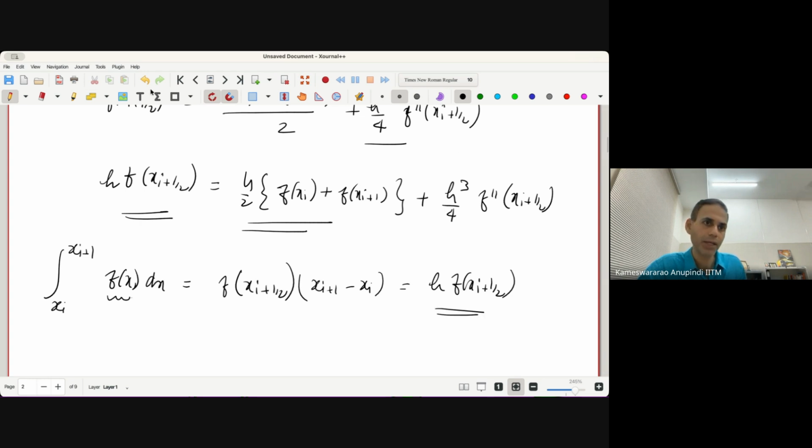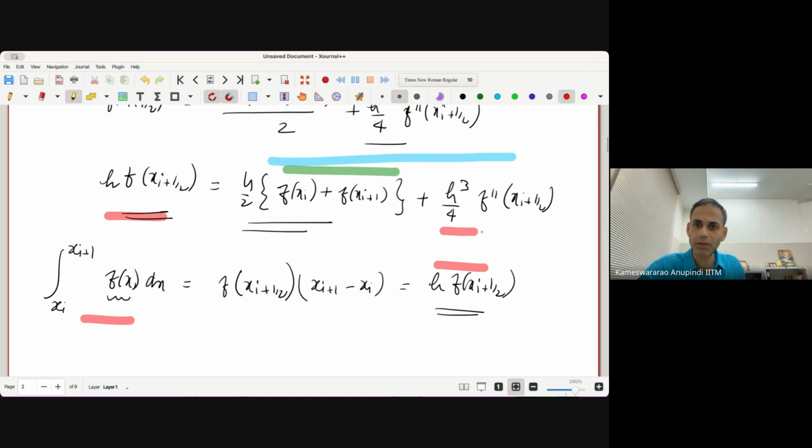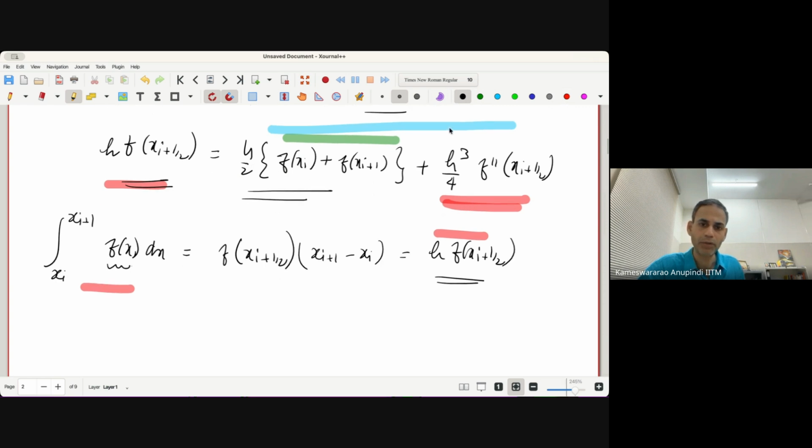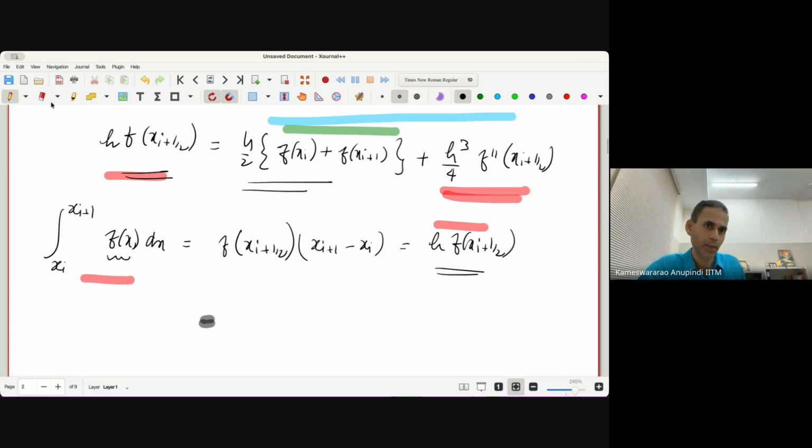So if I say that essentially this is an approximation for this, which we are replacing with these terms, and in the formula we only have up to here, we are only approximating it as h by 2 times f of xi plus f of xi plus 1. So the truncation error that is involved is order h cube. So this is equal to h by 2 times f of xi plus f of xi plus 1 plus order h cube.